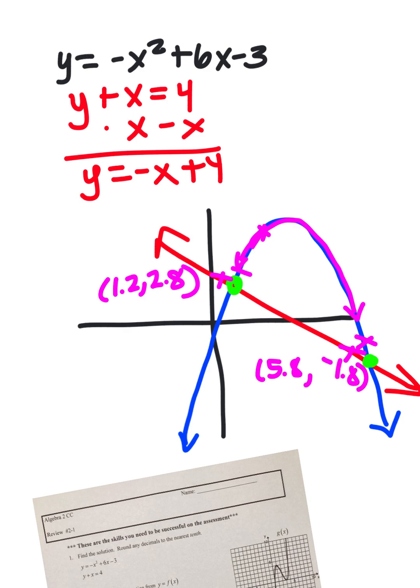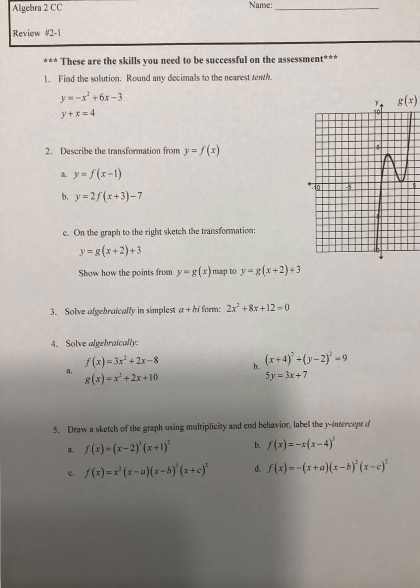Okay, so let's take a look at number 2. Okay, so number 2 says to describe the transformation from f of x. All right, so A is y equals f of x minus 1. So all this is, remember, when we add and subtract from x, it'll go left or right. It goes opposite the way you think it would go. And when we add and subtract from y, it's going to go up and down.